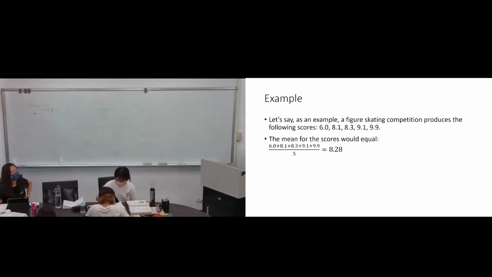For this example, a figure skating competition produces the following scores: 6.1, 8.1, 8.3, 9.1, 9.9. The mean for the 5 values is we add them up and divide by 5, so the mean is 8.28.